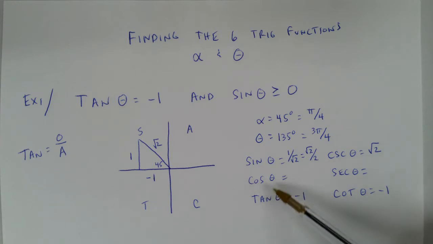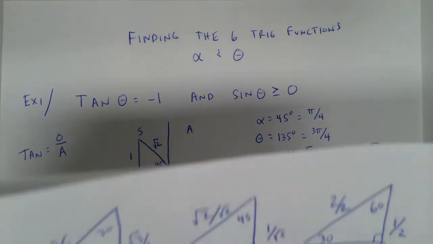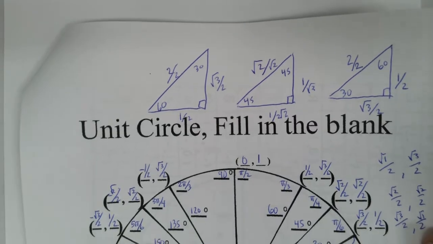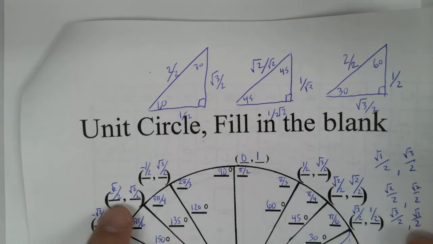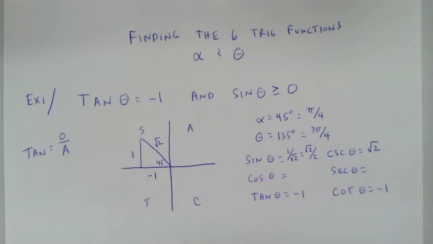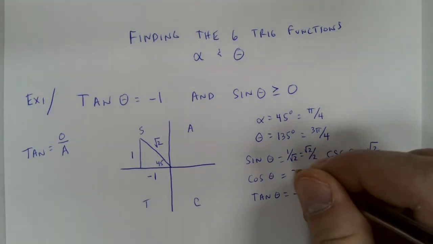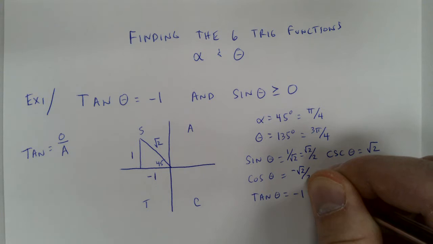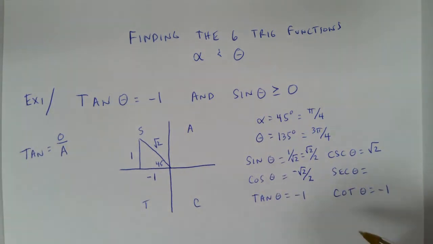So it's going to be negative radical 2 over 2 over 1, which is negative radical 2 over 2.